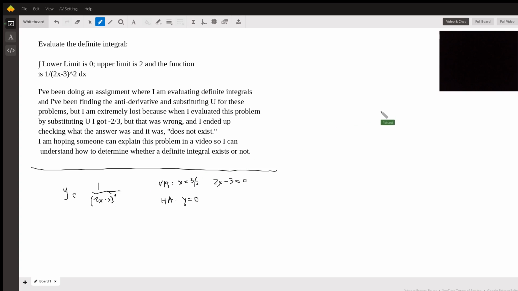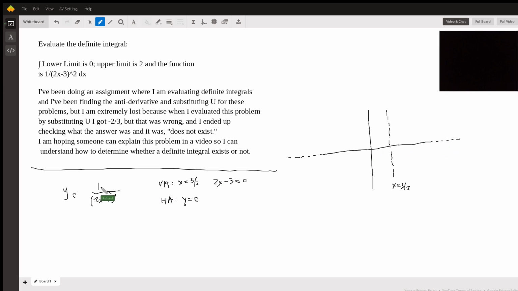If we were to sketch this, we would have a vertical asymptote at 3 halves. And the x-axis is also a horizontal asymptote, so I'll just extend that, which is a good way to indicate it, I think.